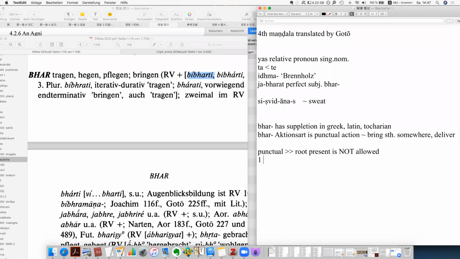If the root present is not allowed, what should we do? There are two options. The first one, you build a reduplicated present, like in Chinese, 蹦蹦跳跳, right? So you reduplicate it. And then the second one is to build a thematic present. And this goes back to something I mentioned to you last time, that conjunctive or subjunctive.